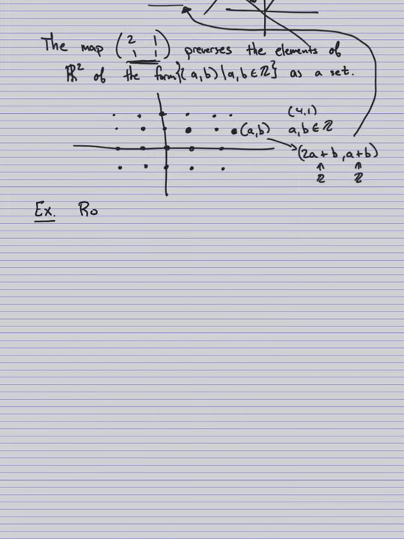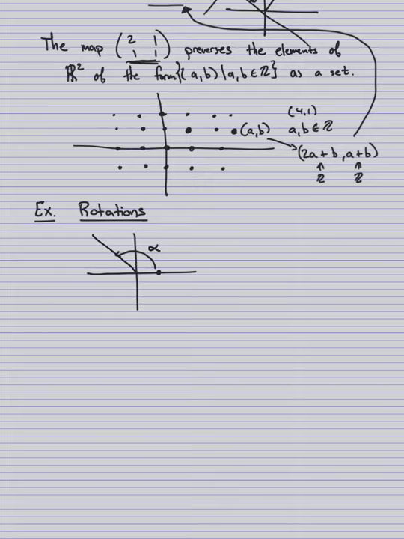Okay, so let me do some more examples, which will come up. We had seen before that rotations are linear transformations. So we should see what they are as a matrix with respect to the standard basis. In this case, I'll rotate counterclockwise by alpha radians. So where does (1, 0) go?